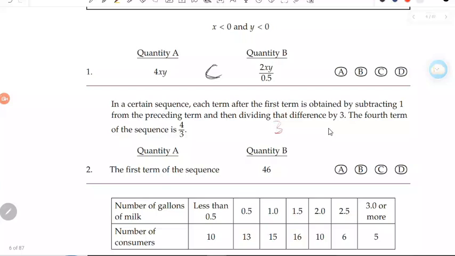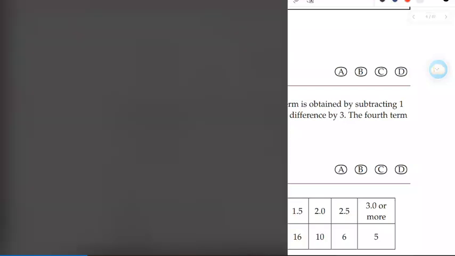We need to do the same thing again. 3 times 3 is 9, 9 minus 1. No, we actually needed to add the 1, because we are working backwards from a subtraction. So the other term should have been 5. 4 over 3 times 3 is 4, plus 1 is 5.